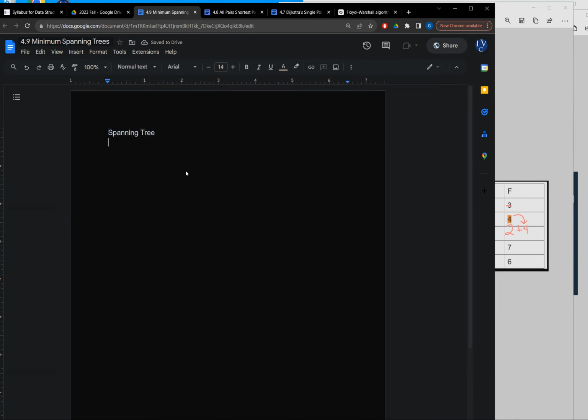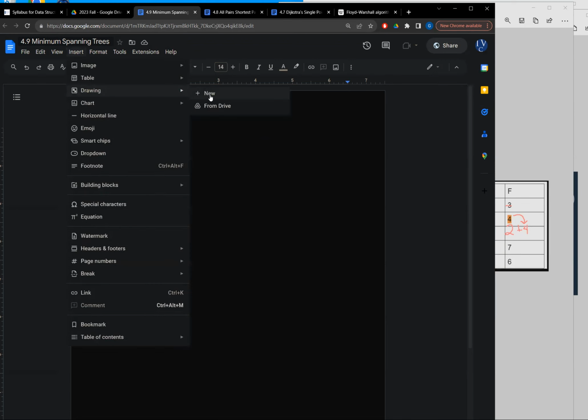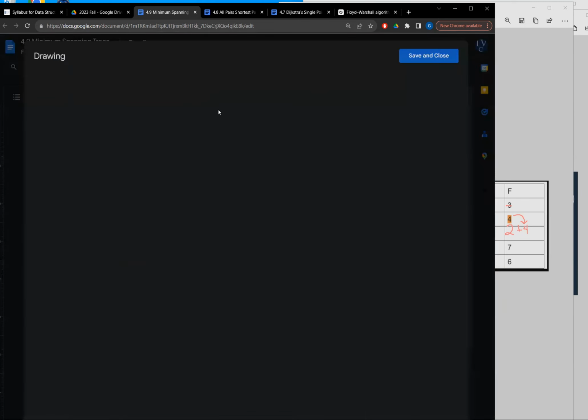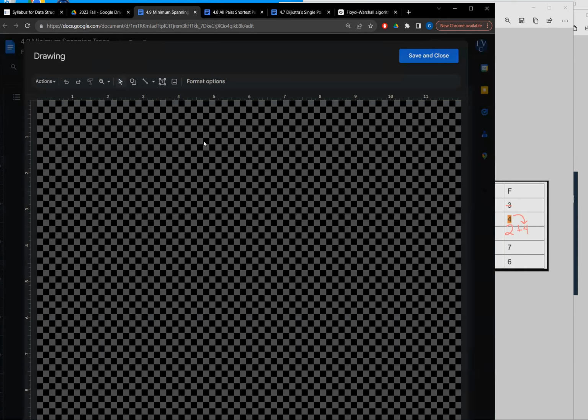All right, spanning tree. A spanning tree is a tree that spans the entire graph.